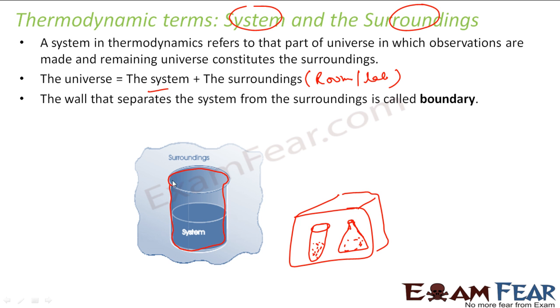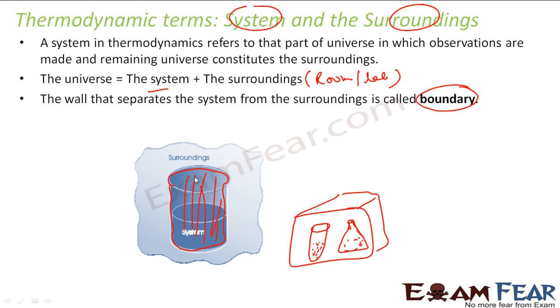Assuming that it is closed, this is my wall that is separating my system, the one I have put in red, and the surrounding is this one. Why are we explaining this wall? Because there are different kinds of wall, we have adiabatic wall, and we'll explain all these walls, but the wall that separates system and surrounding is called boundary.